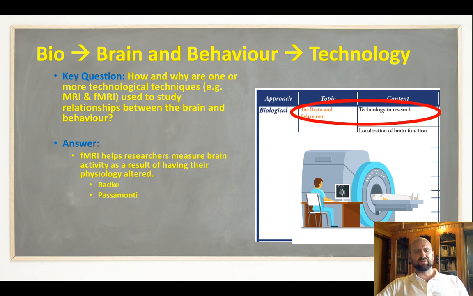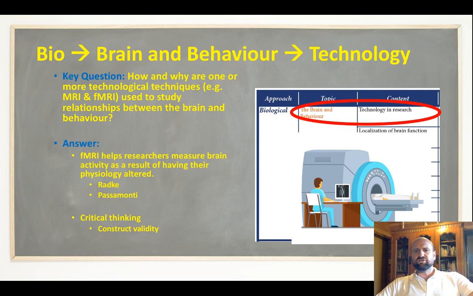So a couple of studies: the Radke study on hormones, the Passamonti study, and even the Meyer-Lindenberg study, where they didn't manipulate it. That was the genetic study, but they can see the result of different physiology. So you're looking at the experimental method, but they haven't altered their physiology, but they're looking at different types of physiology and how that might affect the brain.